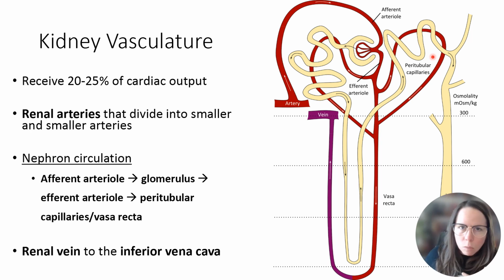You guys will learn more about that if you head into physiology. Once the blood goes through the vasa recta and peritubular capillaries, it's going to come back out through a series of very small veins that are going to increase in size until we hit the renal vein and then go back into the inferior vena cava to get back into the circulatory system.